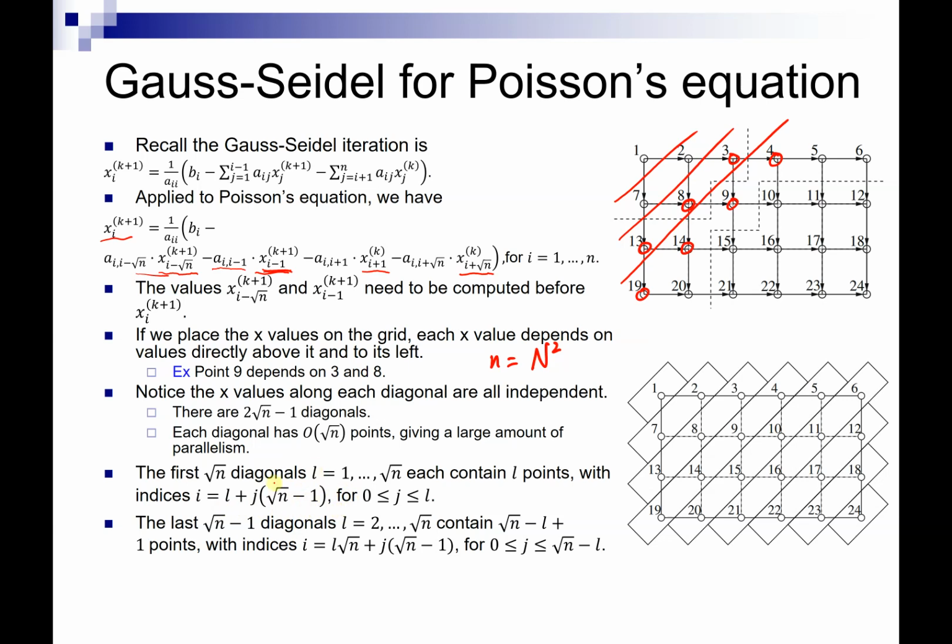You can check this computation, but these are the indices for the first root n diagonals. And for the second phase, when the diagonals are getting smaller, these are the indices for the points on those diagonals.